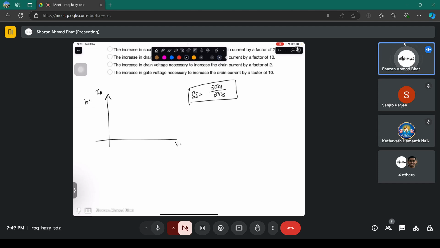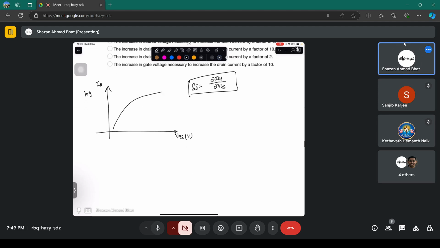If you draw this axis in log scale, and this is VGS in volts, you get a region something like this. Why? Because the drain current increases because of the gate to source voltage. Note this is gate to source, not the drain to source voltage. It is the same thing that happens in a diode, an exponential increase.